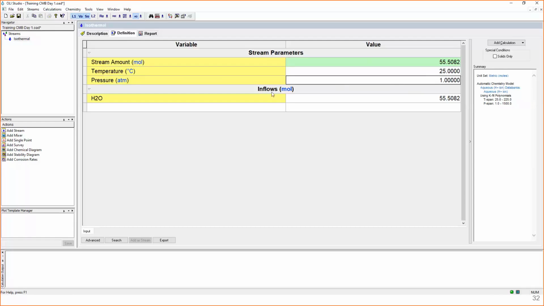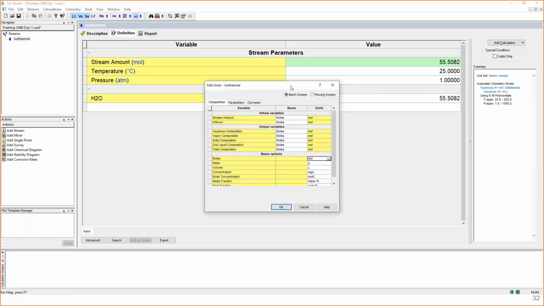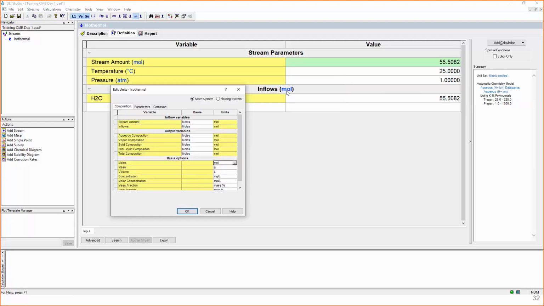Down here on the inflows is where you define your chemistry, okay? Notice that by default, the units are moles, degrees C, atmosphere. If you want to change these inflows, you just click on the hyperlink here in mole.